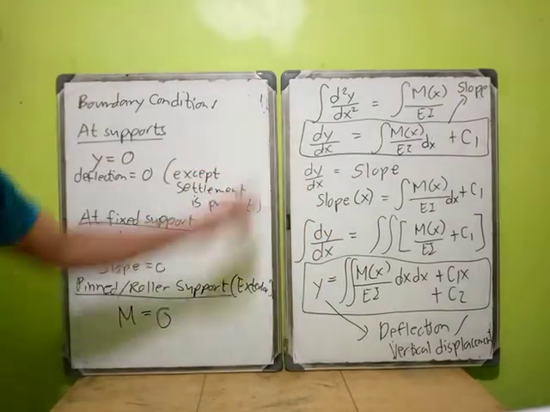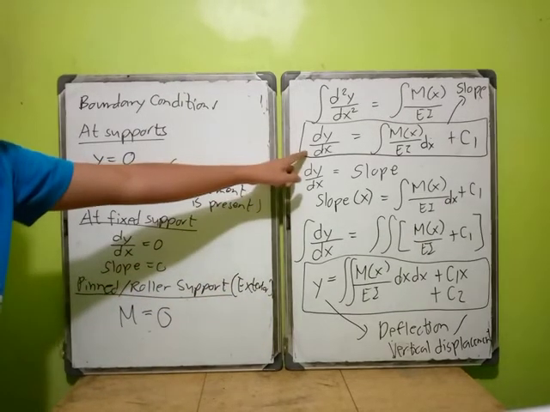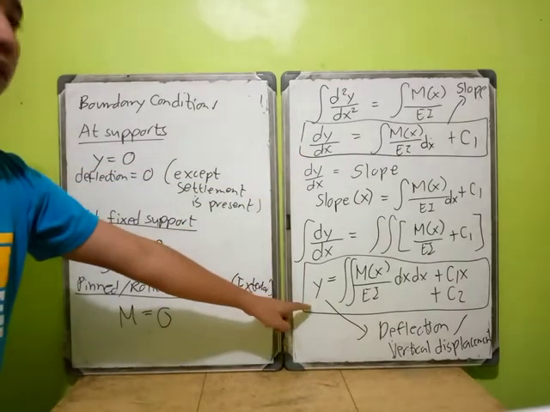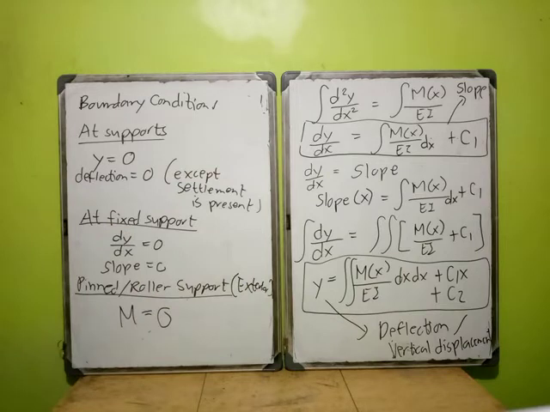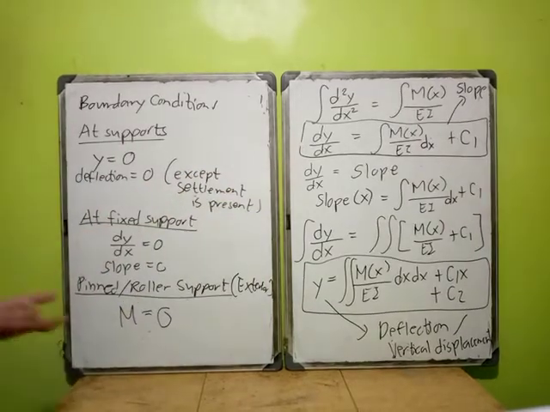And then when we integrate again the slope equation, we get the deflection equation, which is y. Y is the deflection equation and dy over dx is the slope. Okay, so these are the boundary conditions.